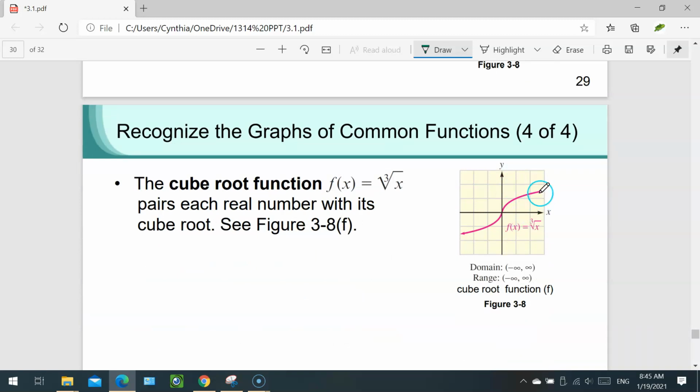You have the index number 3 on the outside of the root sign, so we call it cube root. The domain of the cube root function is negative infinity to positive infinity. The range is negative infinity, it will keep going down to positive infinity on the y-axis.